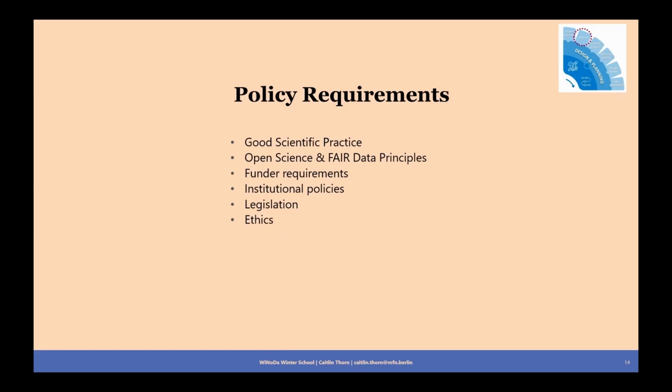Your institution might have a copyright policy, a data management policy. I know at the MFN we have 100 different policies for everything. This is the time you want to go through and just get a rough idea of what policies you should be looking at to make sure your data process will be smooth throughout the entire research cycle.